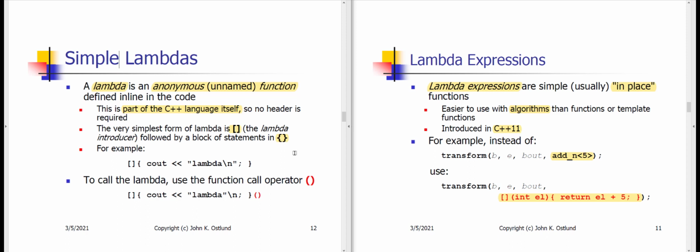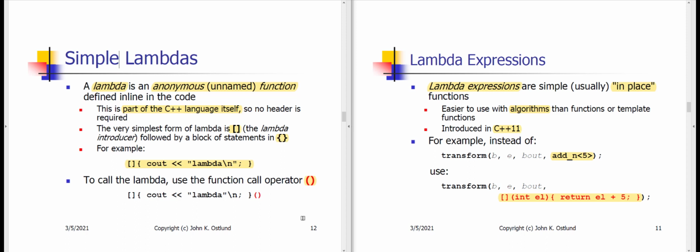So here we have an example of a lambda expression that only contains one statement, namely it displays to cout the string lambda on a new line. Now, this is a function definition, a lambda definition, I should say, and so to invoke this lambda, you use the function call operator on the end of it.